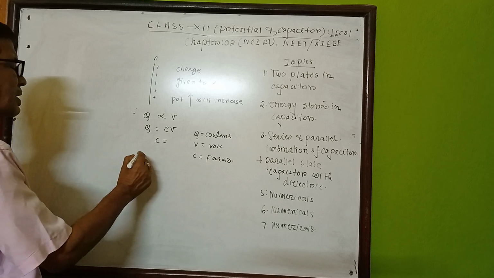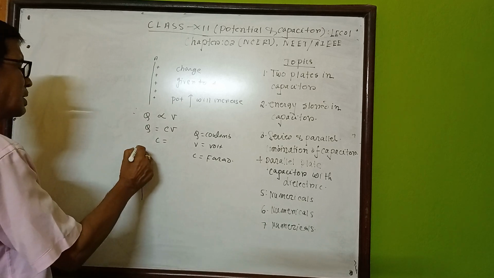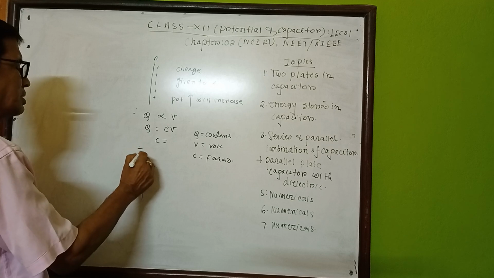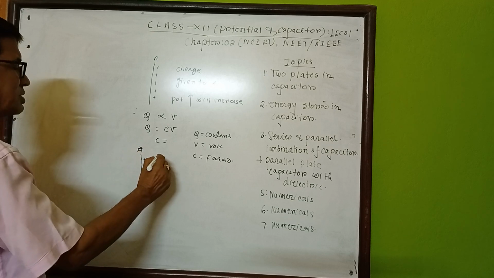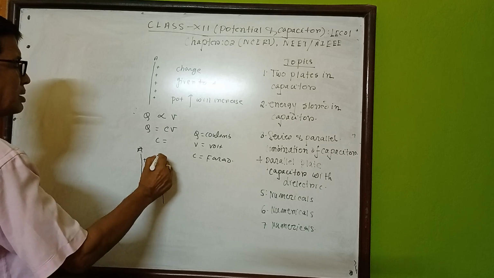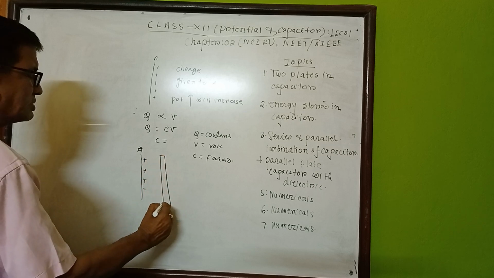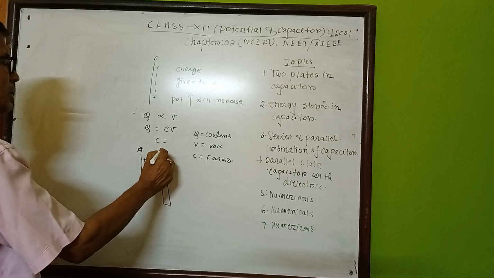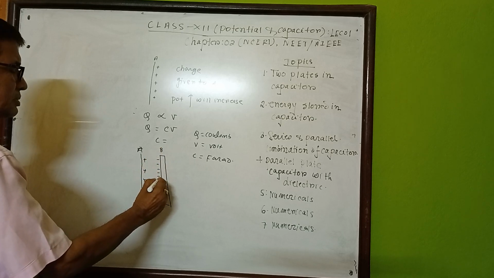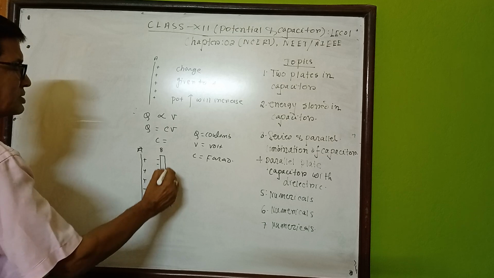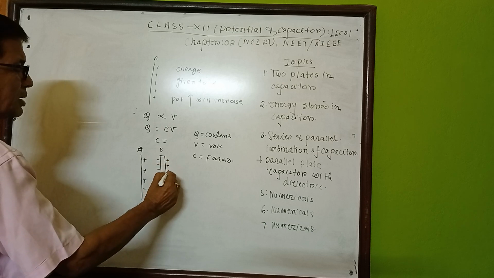Now if another body is brought near A, two plates, suppose body B is kept near A, the front surface due to induction will be negative charge and the second surface will be positive.